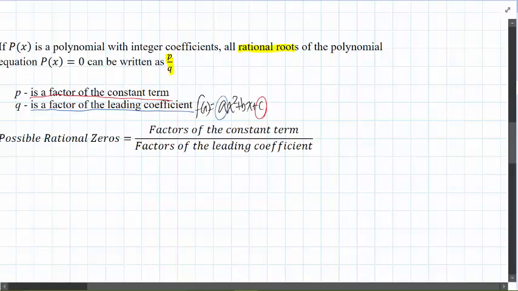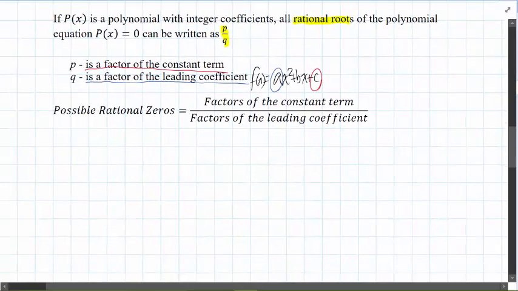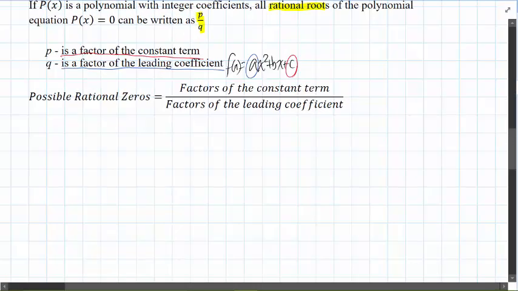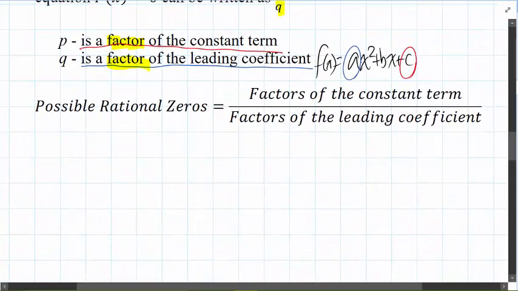So that would be the p and q. So it's a factor of the constant and a factor of the leading coefficient, rather than just the numbers.